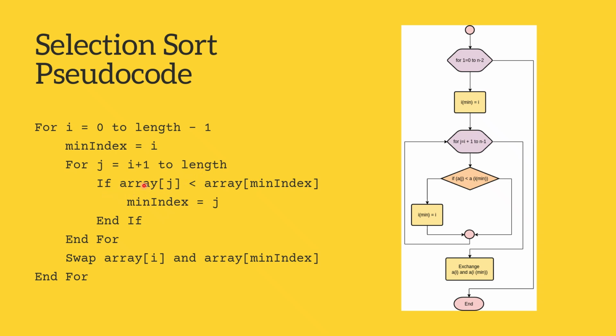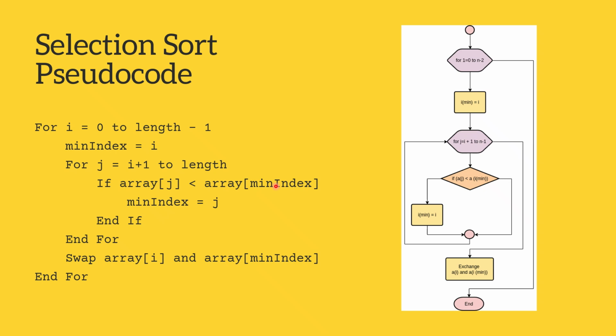Now, this step here is our comparison where we're going to find the smallest value. This line checks if the current element, which is array[j], is smaller than the one that we think is the smallest so far, which is, remember, our min index. If it's smaller, we found a new minimum.